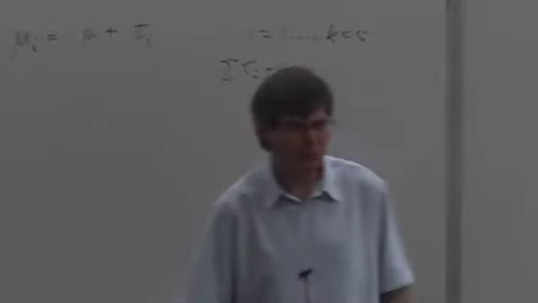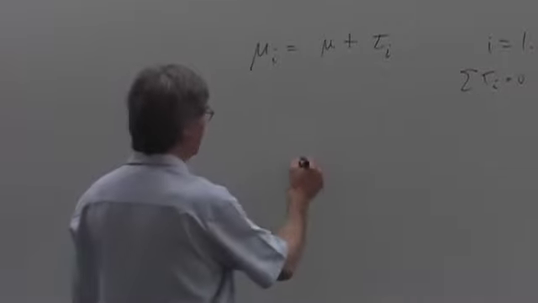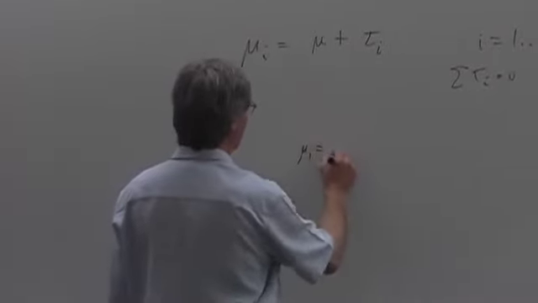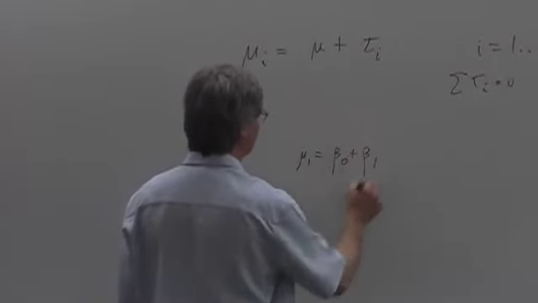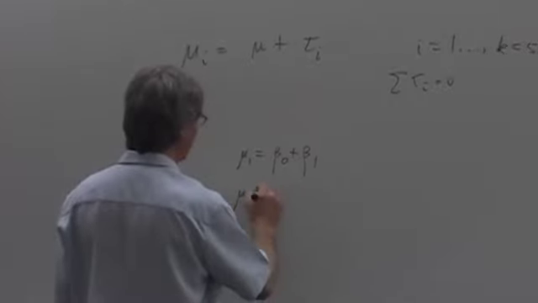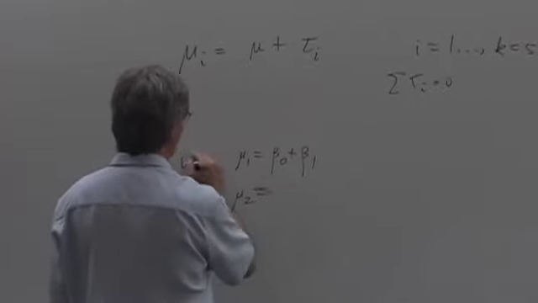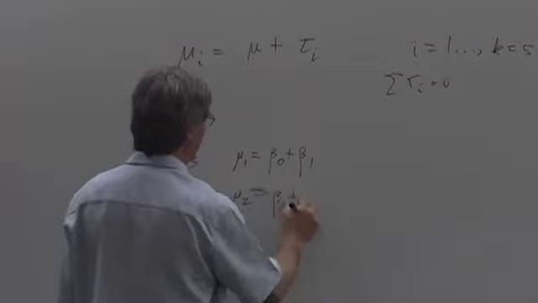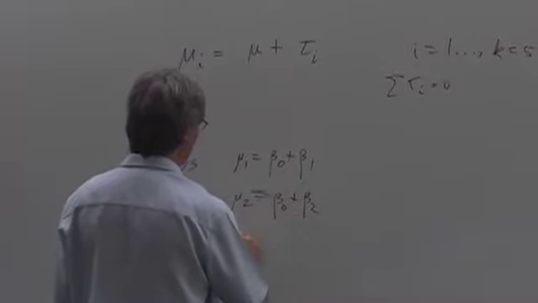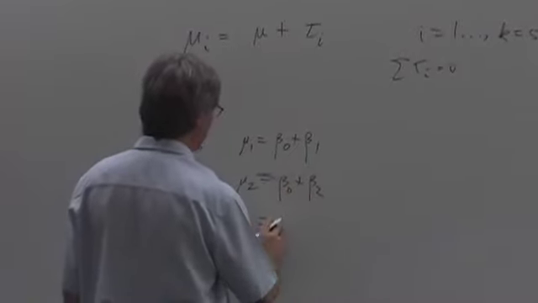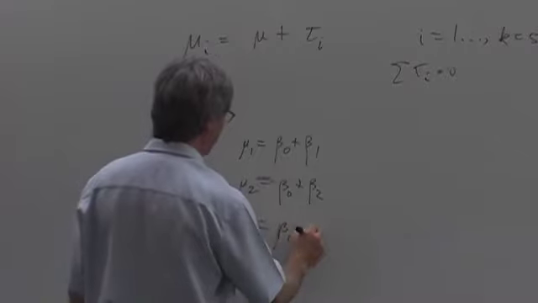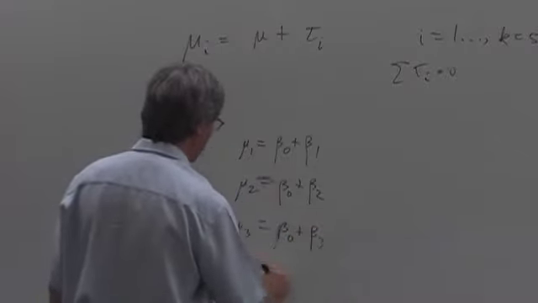So the dummy variable approach is more logical from the regression point of view, and that is to put mu1 equal to beta 0 plus beta 1. I don't know why he does it that way, but mu2 equals beta 0 plus beta 2. Mu3 is beta 0 plus beta 3.